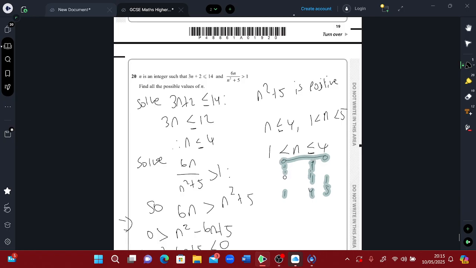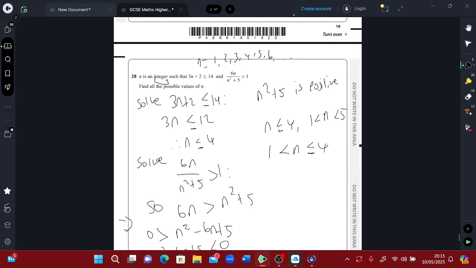but that's not the final answer, because pay attention to this detail here. n is an integer, which means n has to be 1, 2, 3, 4, 5, 6, and so on. So whole numbers, right? Now, what whole numbers are strictly between 1 and 4 and equal to 4?